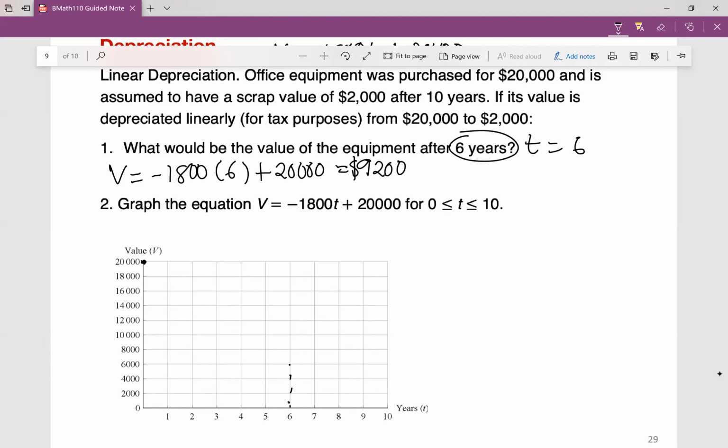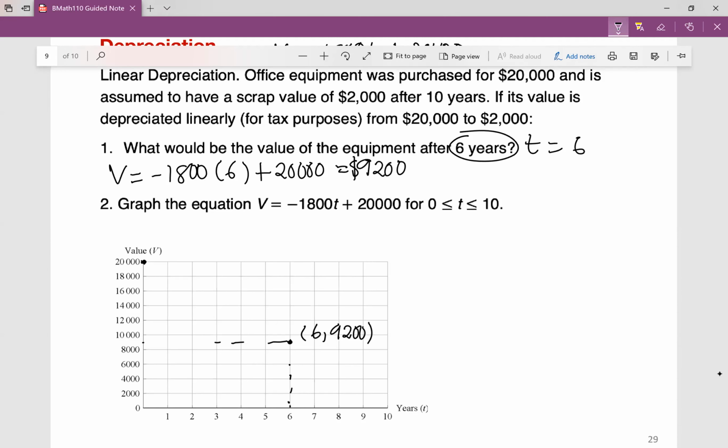So 9,200 is around here. All right, so I'm going to notate this one, 6 and 9,200, and connect these two points.